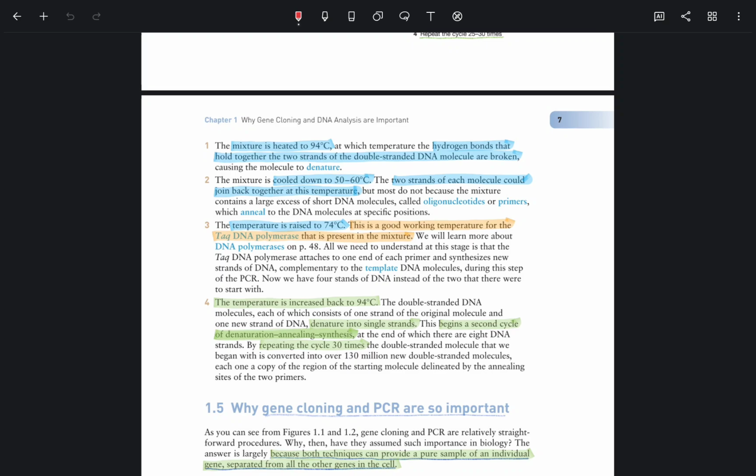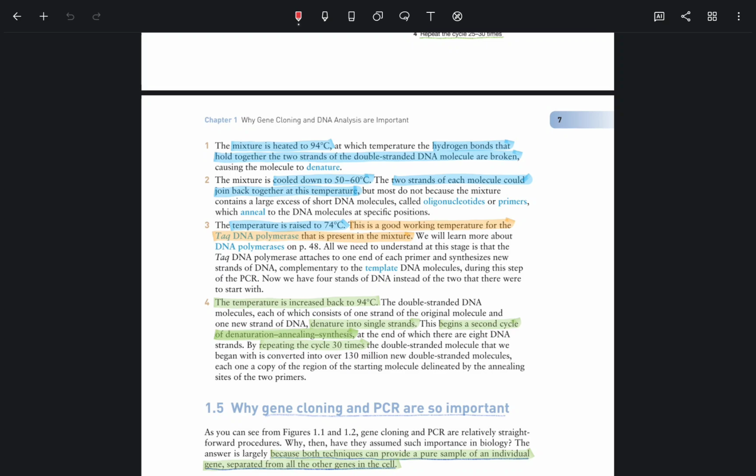The temperature is increased back to 94 degrees Celsius. The double-stranded DNA molecules, each of which consists of one strand of the original molecule and one new strand of DNA, denature into single strands. This begins a second cycle of denaturation, annealing and synthesis.